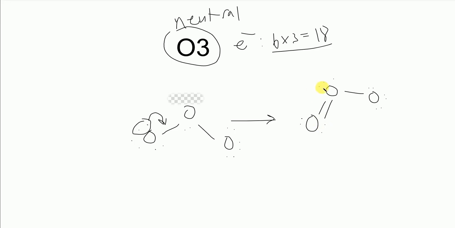So now, the way to check that is to find the formal charge. Okay, so formal charge is the next question, but formal charge is just the number of valence electrons minus the electrons that are held by that atom. So let's check the formal charge of each one. So for this oxygen, I have 6 minus 1, 2, 3, 4, 5, because it's like this.